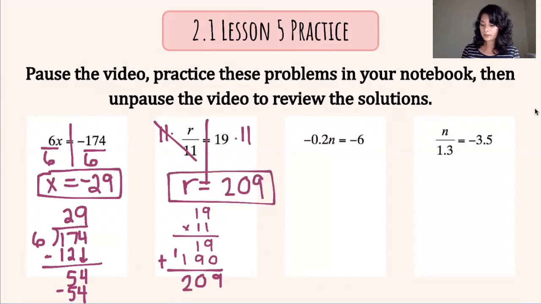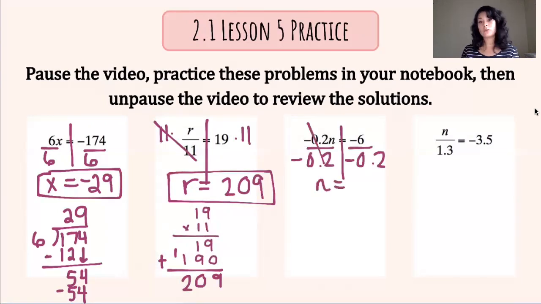Next problem, you should have divided both sides by negative 0.2. I'll most likely have to shrink a little bit for this one too to get everything to fit. I have to do long division here. The 6 goes in the house, in other words, it's the dividend, and the 0.2 goes at the door. And again, notice how I'm ignoring the signs when I do this.